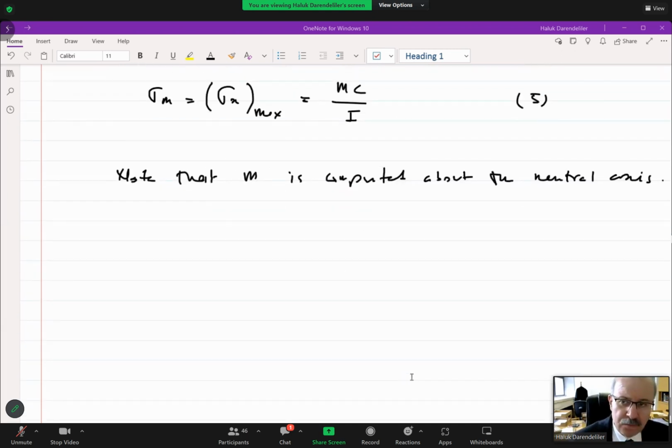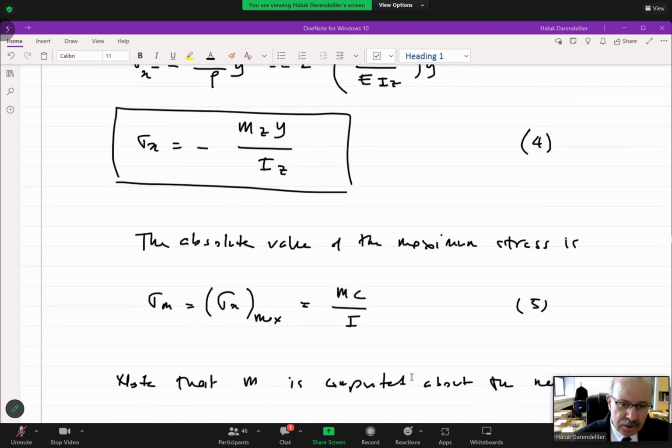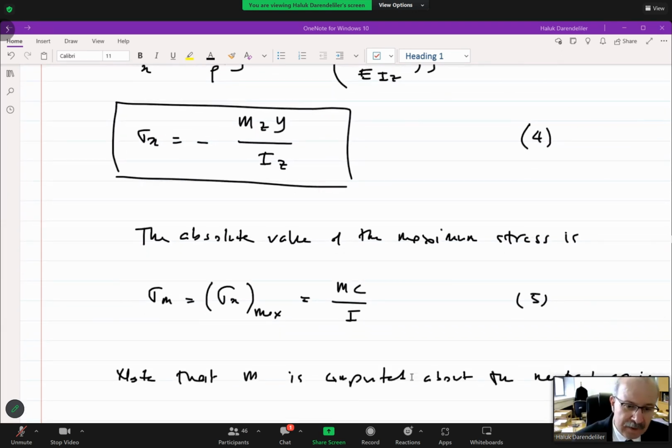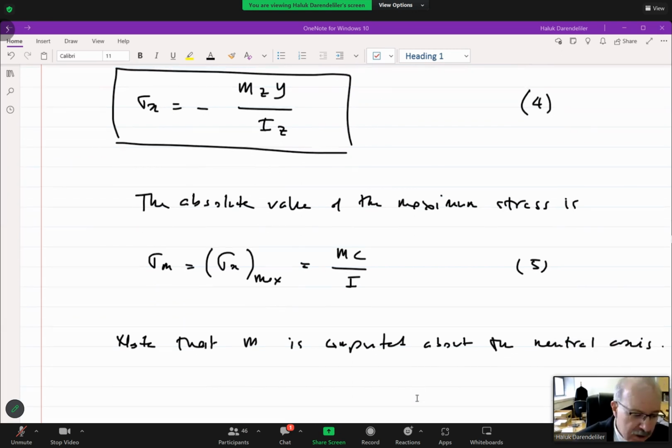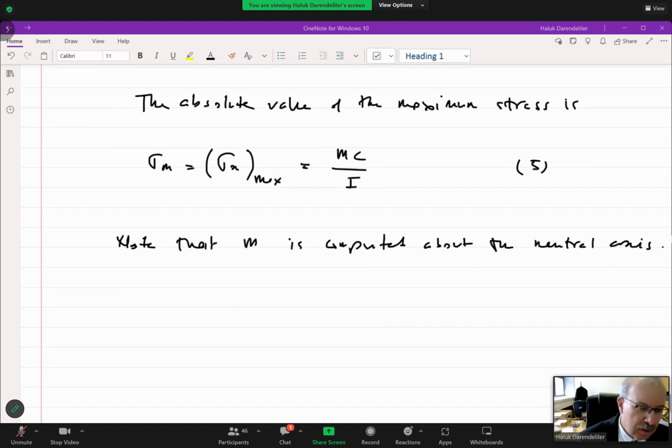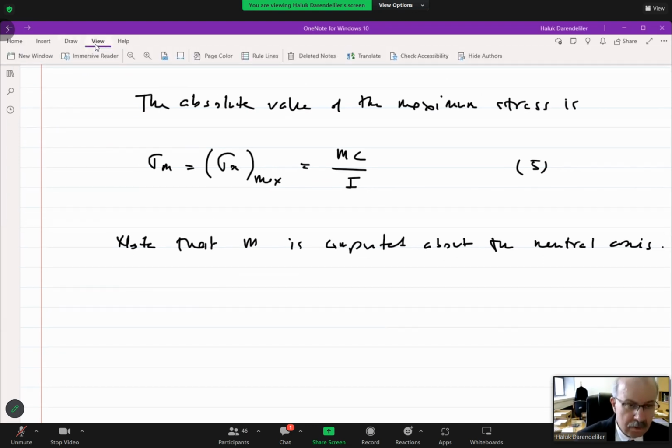Equations 4 and 5, and as a result the fifth one, where we replace y with c to define the maximum strain, are called elastic flexure equations.